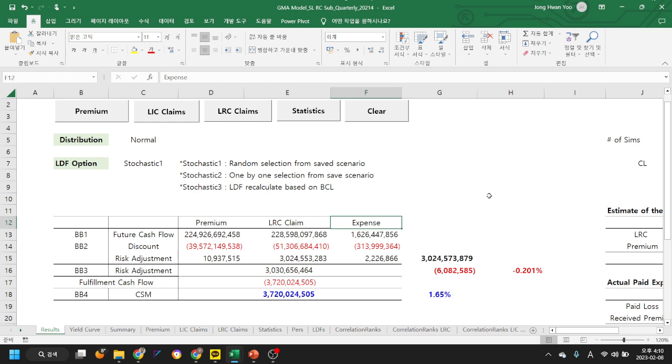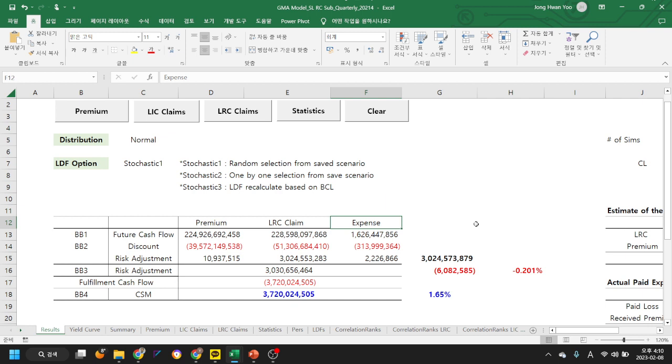And there are some overhead costs, but you need to allocate that entity-level overhead all the way down to the group of contracts. Especially you allocate that portion to this group of contracts.